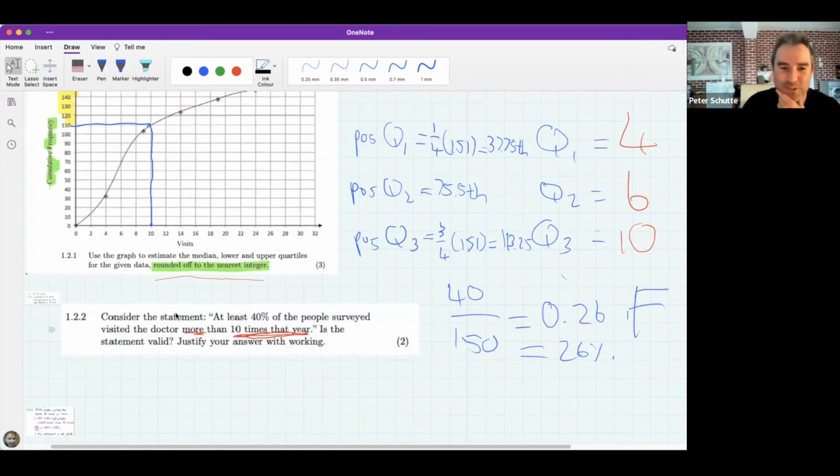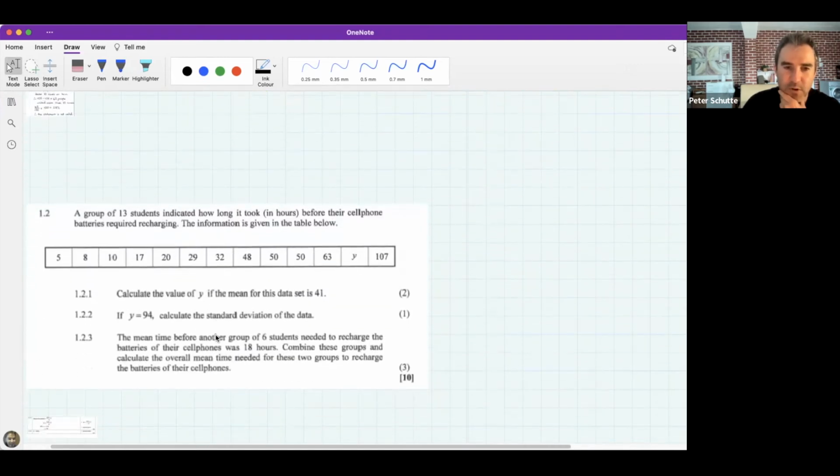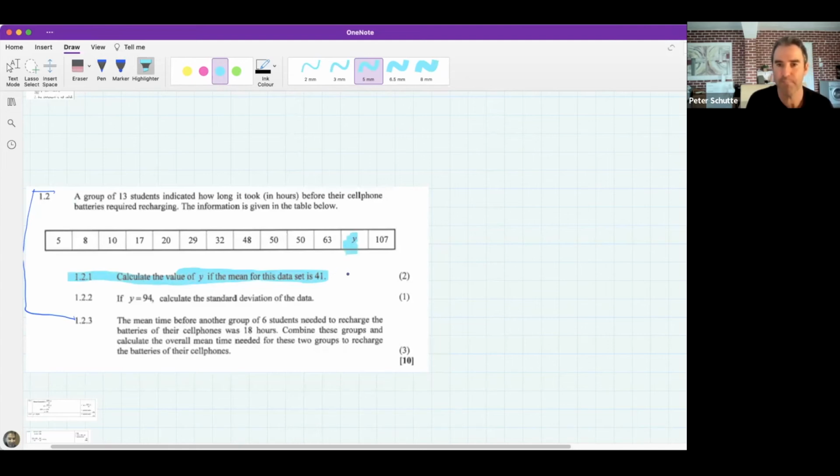Okay, let's move on to some more questions here. So what I want to do is I just want to do these two questions here. I want you to start by calculating the value of y in this data set if you know that the mean is 41.